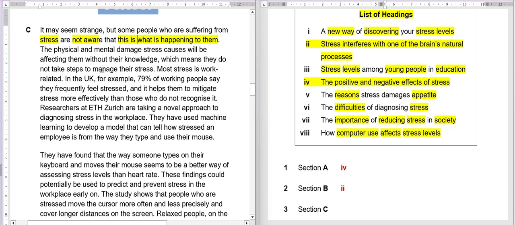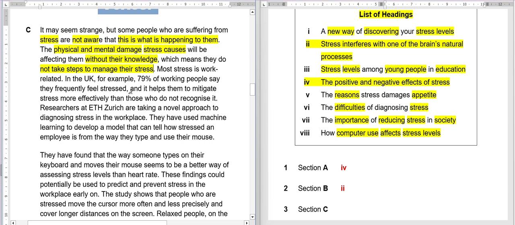The physical and mental damage stress causes will be affecting them without their knowledge, which means they do not take steps to manage their stress. So the physical and mental damage that stress causes will be affecting them without their knowledge. That just means they are not taking any steps to manage their stress because they are unaware of it.